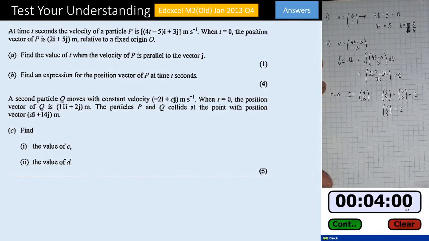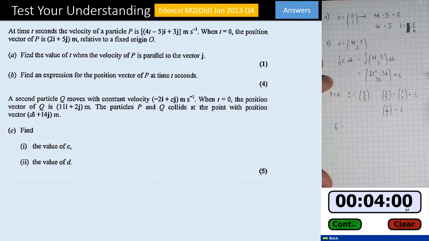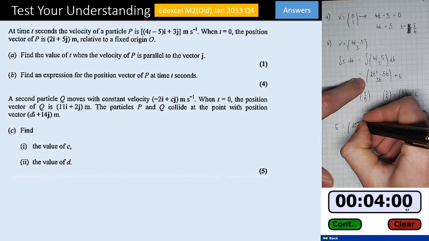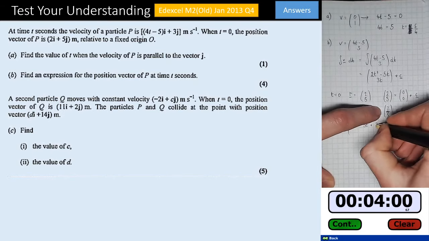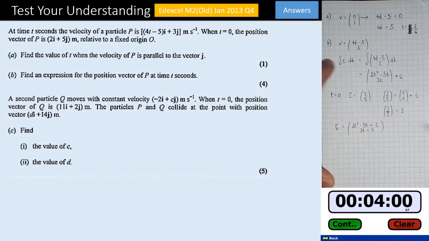So the expression for the position vector is going to be this thing, 2t squared take away 5t plus 2, and then 3t plus 5. Just like that.